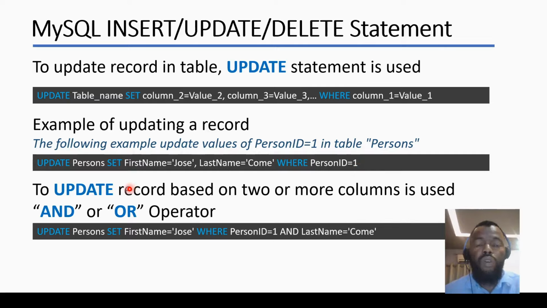Also, we can update the record based on two or more columns, and here we can include the and or or operator. In this example we updated the first name where person ID is 1 and the last name is common.